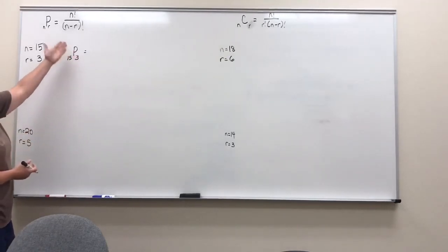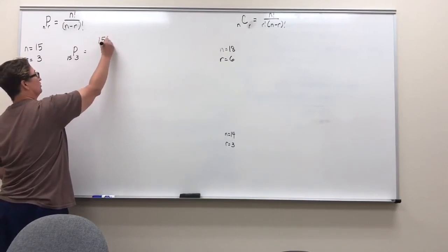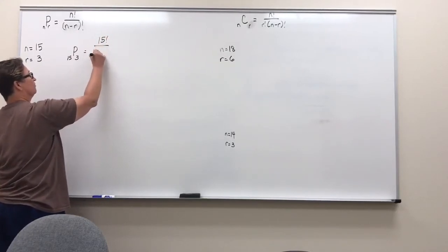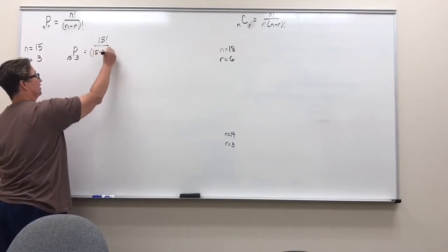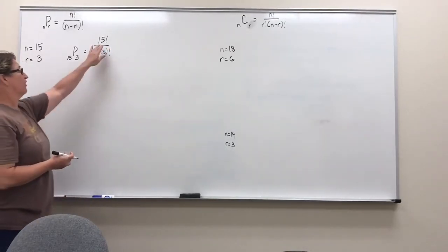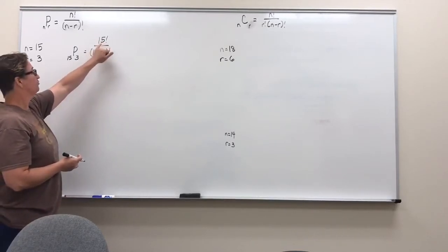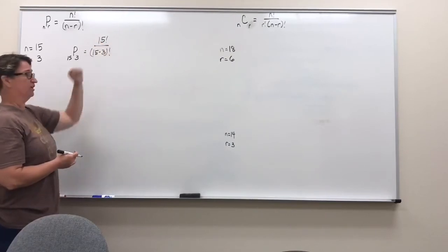So now I'm just going to plug it into the formula so that I do 15 factorial over 15 minus 3 factorial. I did another video on factorials. Remember that all that means is that we're multiplying our whole numbers from 1 up to n, in this case 15.